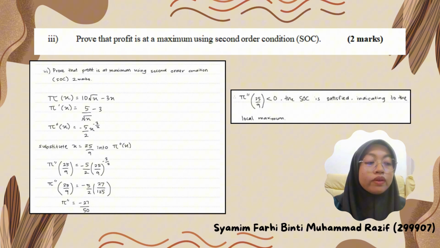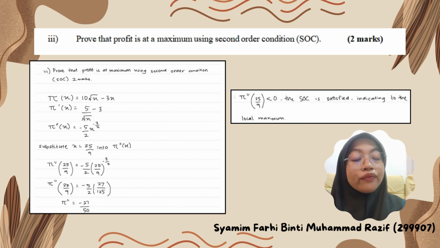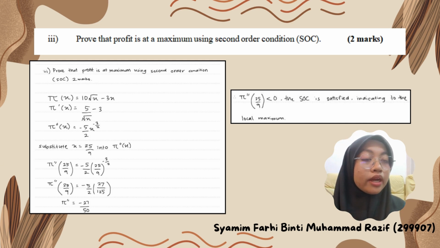After we derive it for the second time, we will get pi double prime of x equals negative 5 over 2 x to the power of negative 3 over 2. After we finish deriving the equation, we need to put it in a new equation.